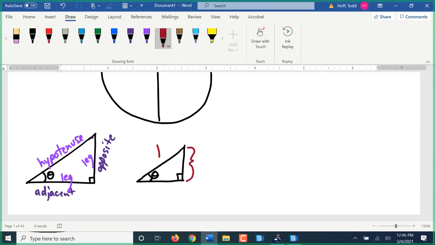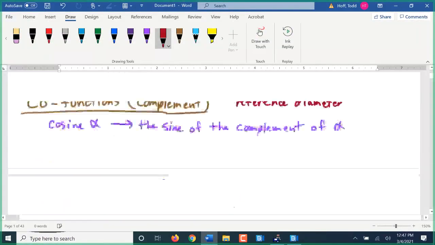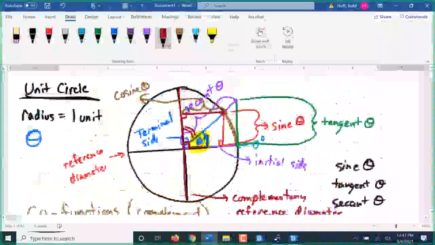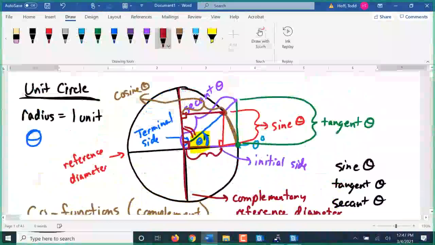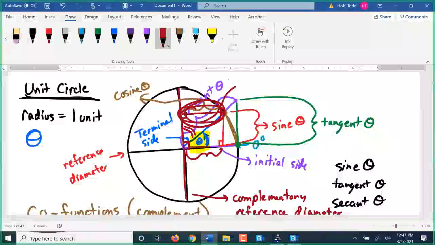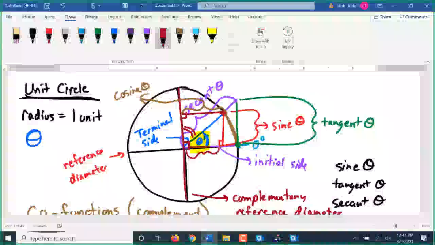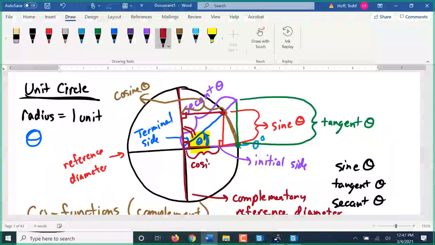This side over here was from the point on the circle down to the reference axis or reference diameter. That is the sine of theta. This side down here is a little trickier. Let's come up here. This side down here is going to be the same as this side up here, because that kind of forms a rectangle, because those are all right angles. So this length is actually equal to the cosine of theta.